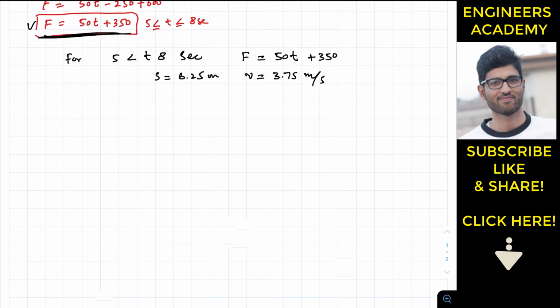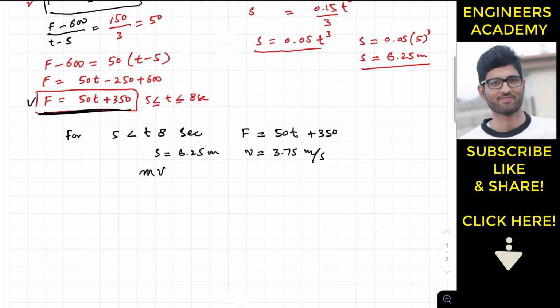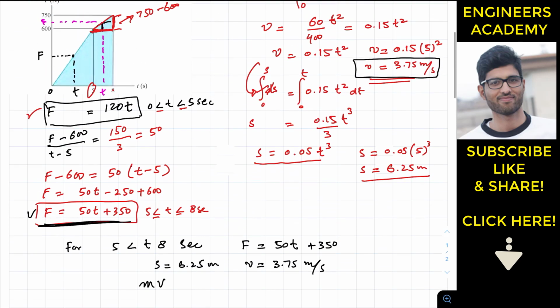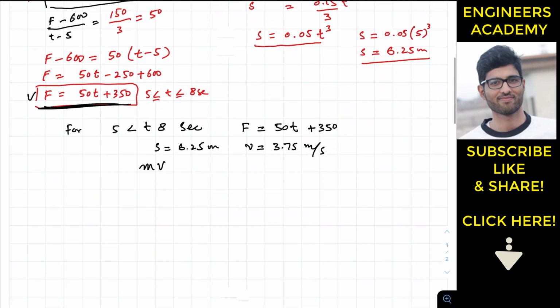So now again we have to apply the principle of linear momentum, which says that mv1 plus the impulse, which is the integral of f dt, equals mass times v. When t is equal to 5 seconds, let's say this velocity is v1 for the second interval.